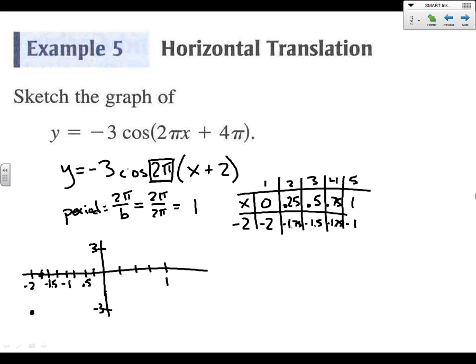We'll go up and finish back at negative 3. For 2 periods, we got to go up again, and we'll finish back at negative 3. And there's our 2-period cosine graph.